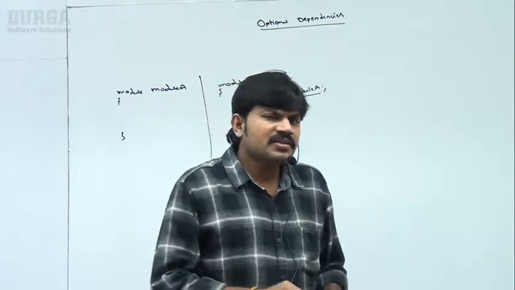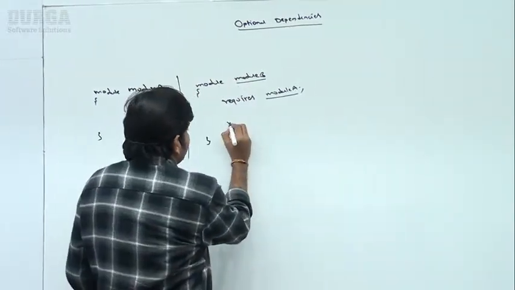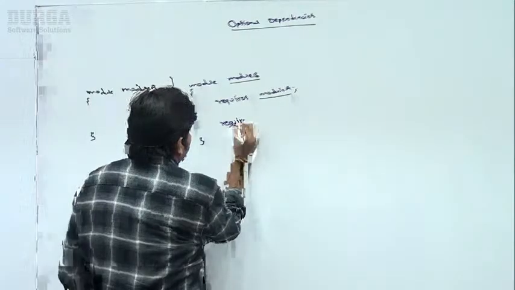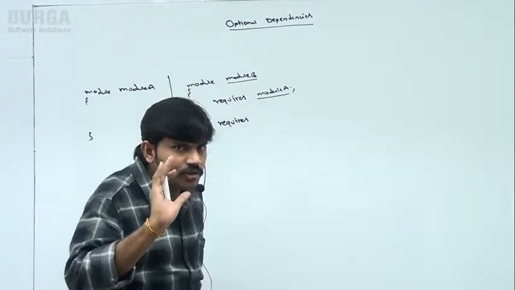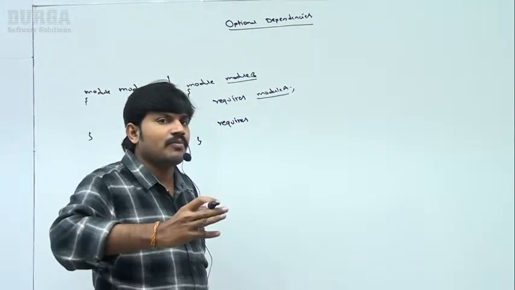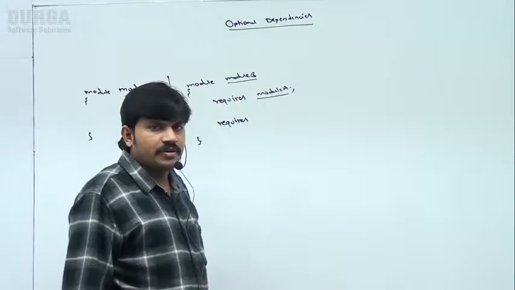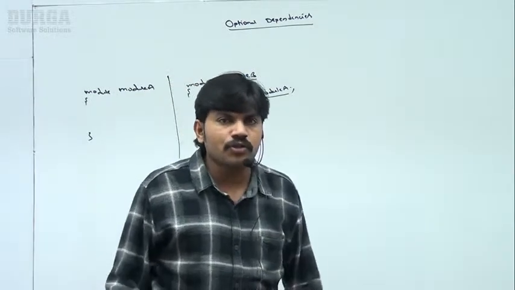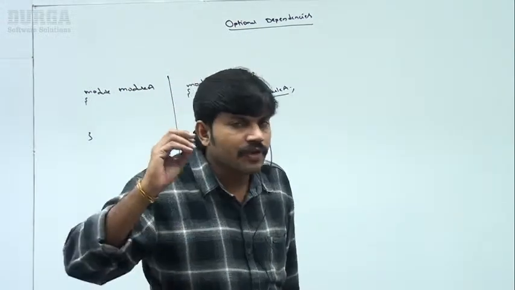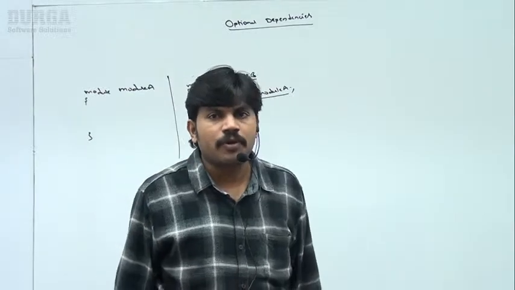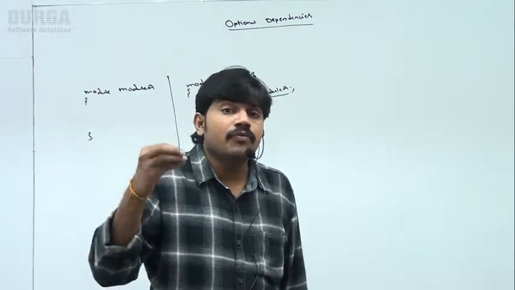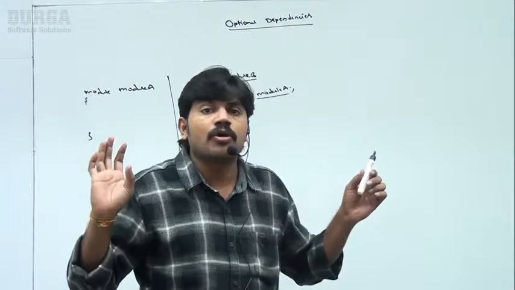Remember that. In the same way, I want to provide an optional module for module B. Hey module B, if you want, you can use module C. If you are not interested, you can ignore it, no problem at all.